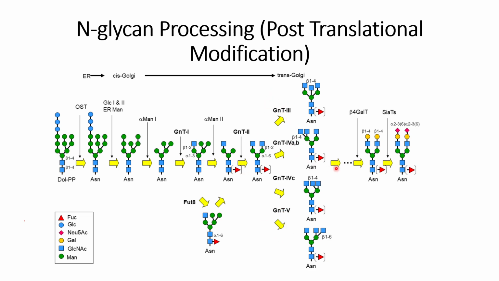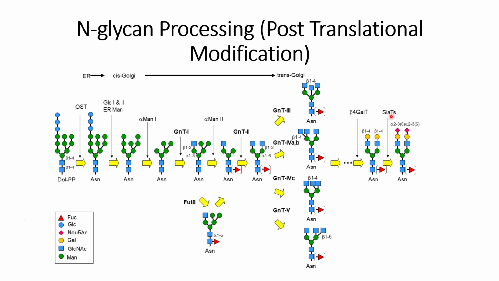And after that, if it interacts with this beta 1,4 galactosyltransferase, it will lead to the galactose structure formation, that is beta 1,4 galactose addition, at both the glycan sites.